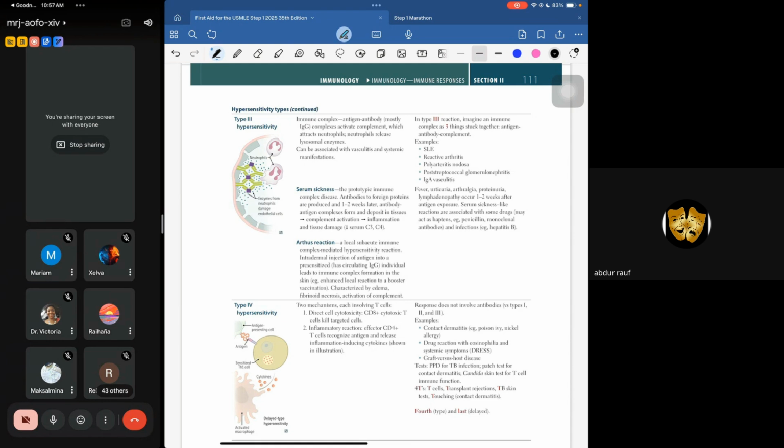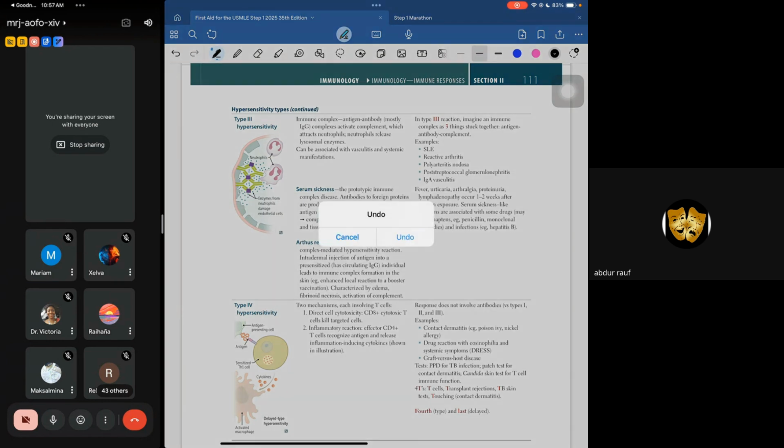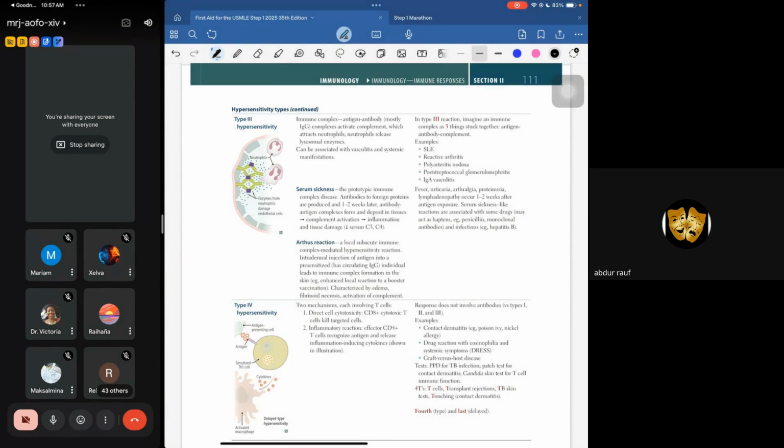So basically, UWorld or NBMEs or ECFMG, they're going to say that a person comes to you and this person was treated for an infection, right? And after that, this patient is having fever, arthralgia, proteinuria, right?